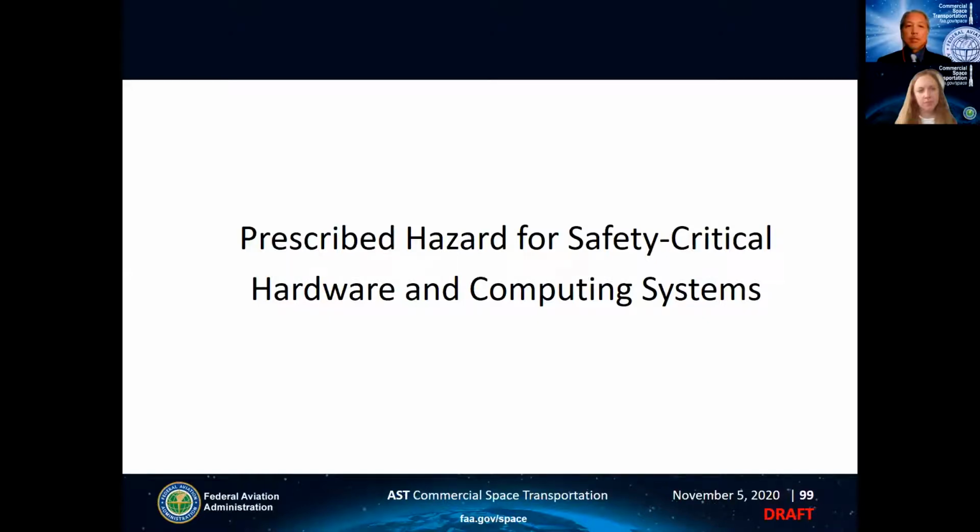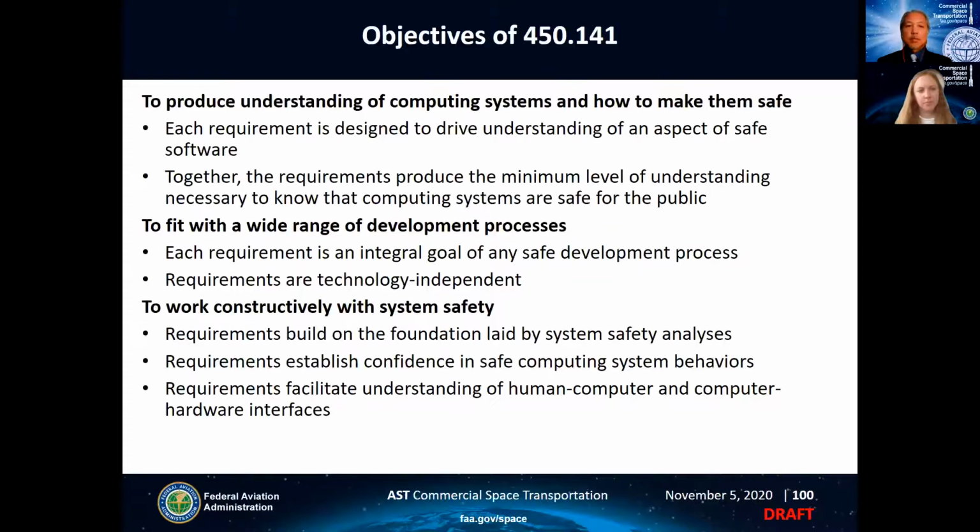So this next slide, you could think of this as the requirements that we use to design 450-141, the Computing Systems and Software Regulation. You've heard reference to it a number of times in the preceding presentations.